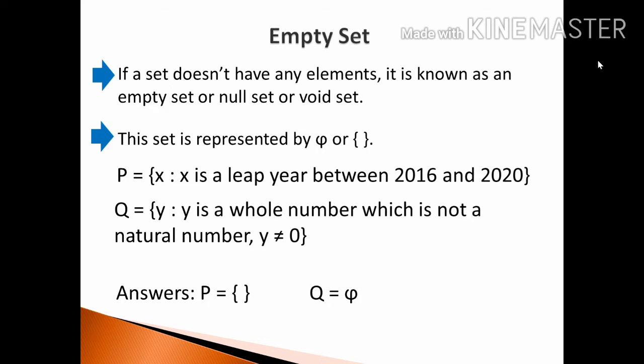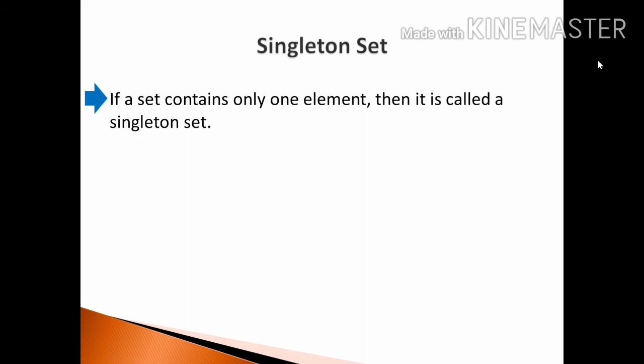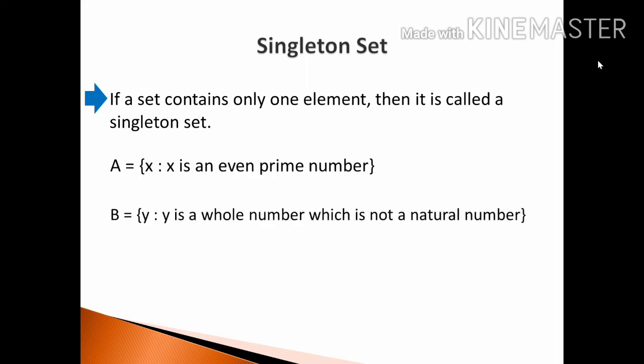Okay, so let's now proceed to the next set, and that is singleton. When we say singleton, it has exactly one element. Now let us have these examples. We have set A, the set of all x such that x is an even prime number. And we have set B, the set of all y's such that y is a whole number which is not a natural number.